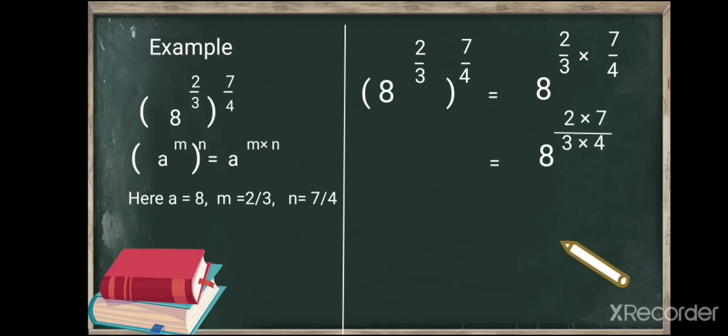So we will get this term. So multiplication of these numbers is equal to 14 upon 12. Again 14 and 12 are even numbers, both are divisible by 2. So after simplifying, we will get 8 raised to 7 upon 6.